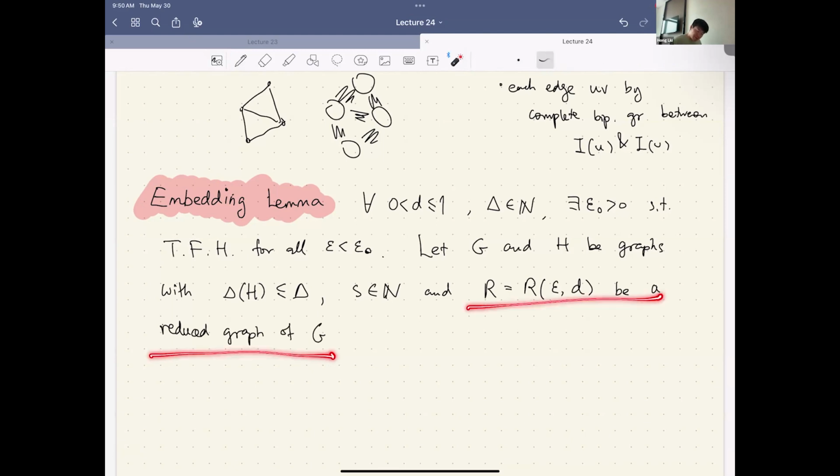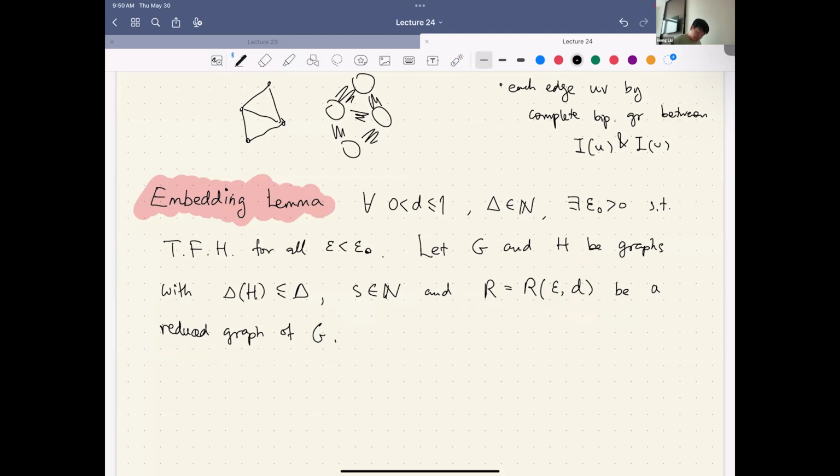This means we first apply the regularity lemma on G to obtain the epsilon regular partition, and then we only make an edge between two indices whenever they are epsilon regular with density at least d. We obtain this reduced graph R.